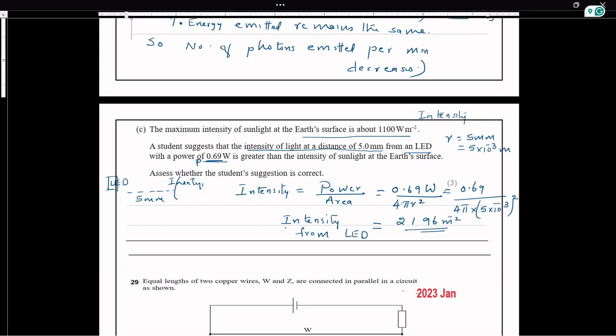2196. And the student suggested that the intensity of light is greater than the intensity of sunlight at the Earth's surface. So it's very obvious that this number is greater than 1100.